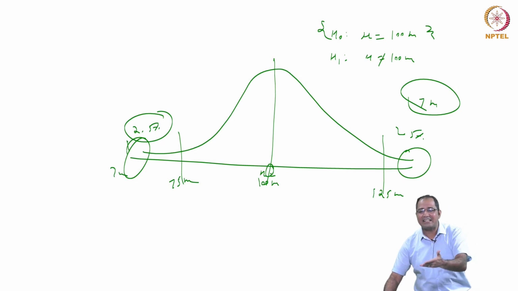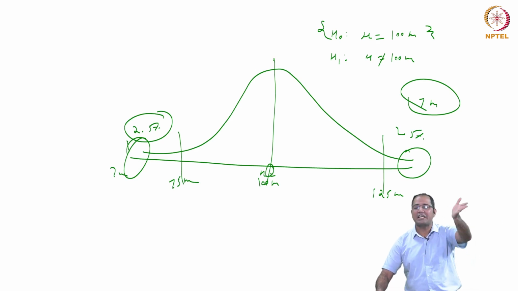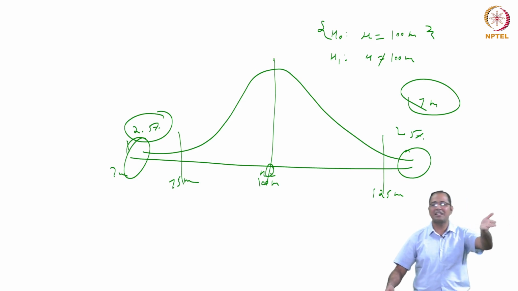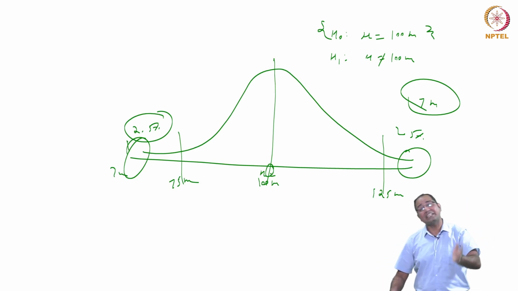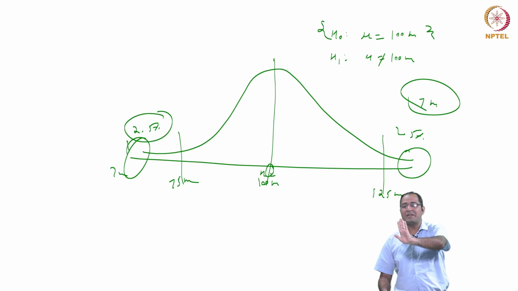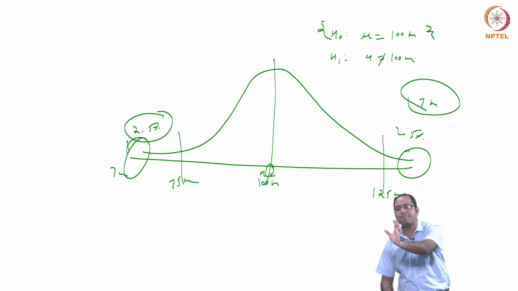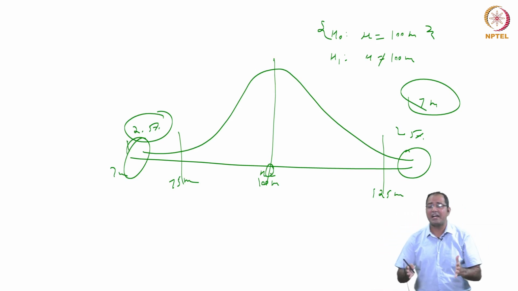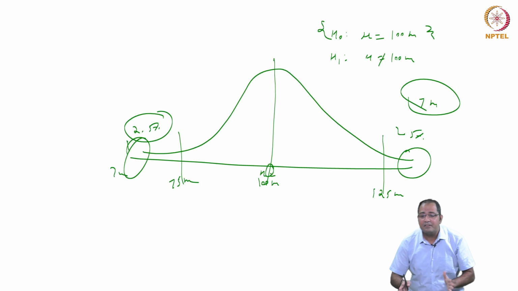When it is unlikely that you obtain such a sample, you reject your initial assumption of the null hypothesis. I am not saying it is not possible, it is possible. So we take this risk, with a 5% chance that we may be wrong, the alpha error, but with 95% confidence we can say that the null hypothesis is rejected.